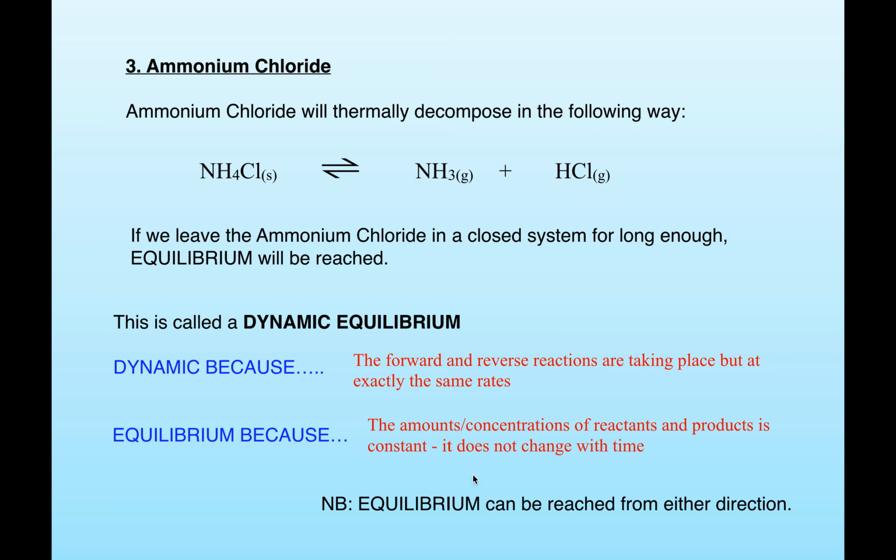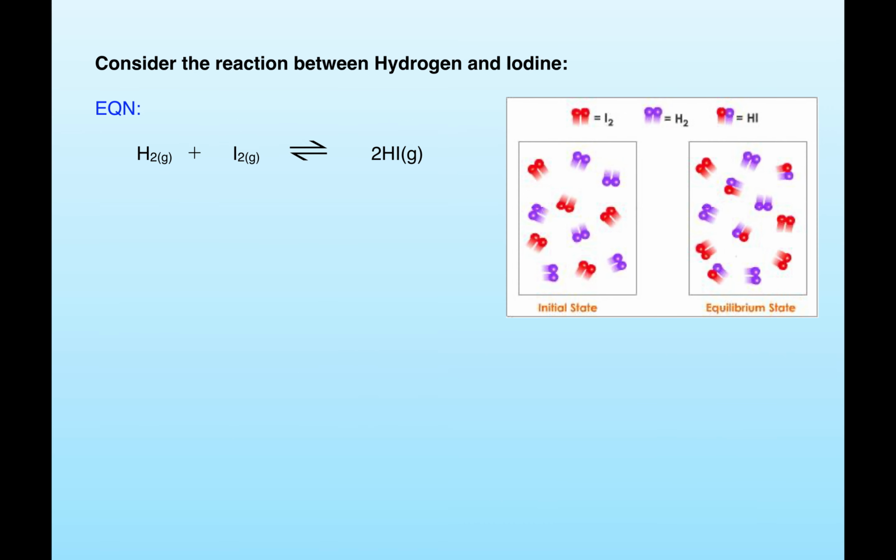Note, equilibrium can be reached from either direction. I'll explain that a little bit more now. Look at the reaction between hydrogen and iodine. If you start with hydrogen and iodine, they'll make hydrogen iodide. So if we start here, we've just got hydrogen and iodine. If we allow it to reach equilibrium, hydrogen iodide is made.